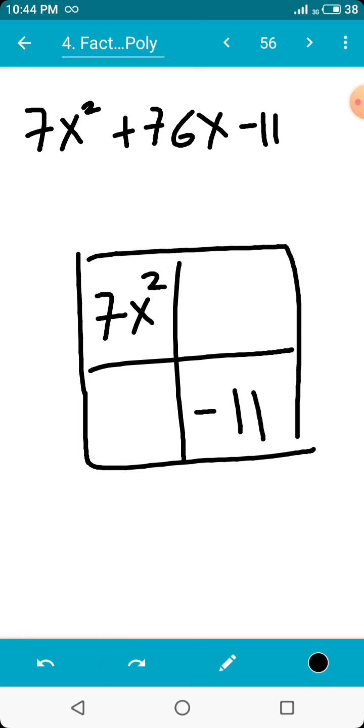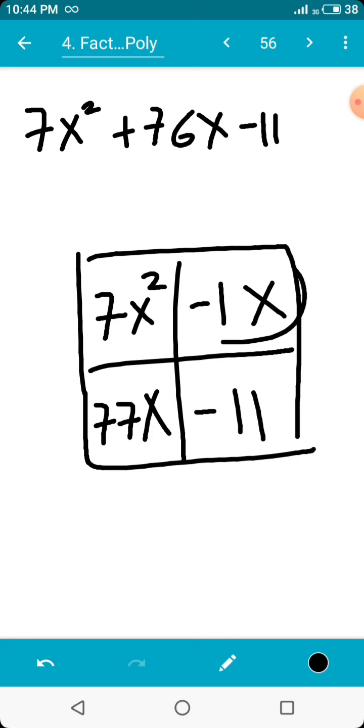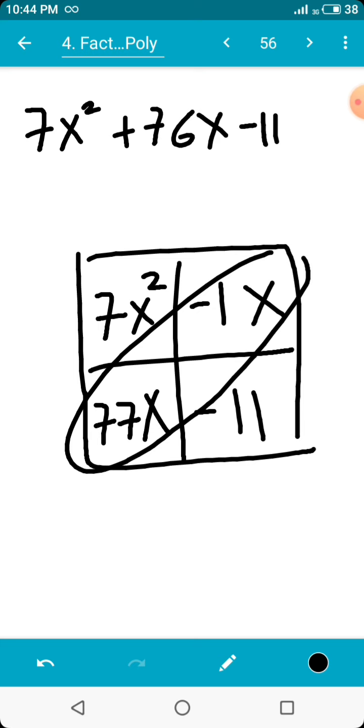Tama ba? And then, yung nakuha natin factors niya ay isang negative 1 and positive 77. Okay? And lagyan natin ng x. So, dito, kahit wala na yung 1. Tama ba? But just imagine, invisible yung 1 dyan. Pero may negative. So, that is negative x. Okay? So, basta, lagi nyo lang i-check to guys, na kapag kinumbine nyo yan, ito yung lalabas.